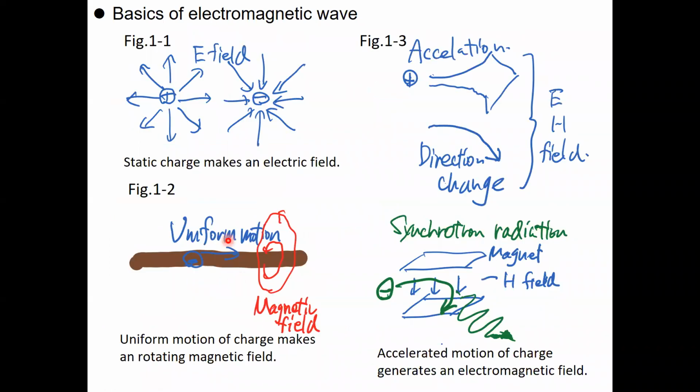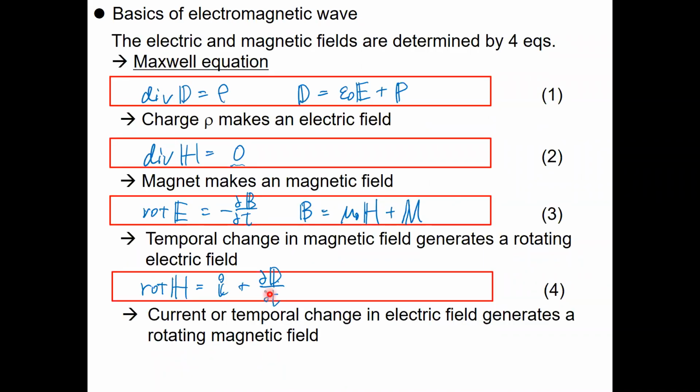The other term, the temporal change of the electric displacement, also gives a rotational magnetic field. And this is paired with equation 3: the temporal change of the magnetic displacement induces a rotational electric field.